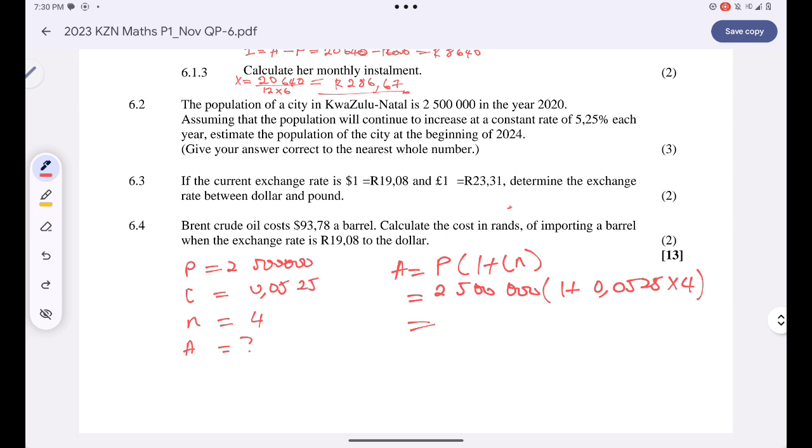So this will give me 2,500,000 times (1 plus 0.0525 times 4). Did I punch the numbers correctly?